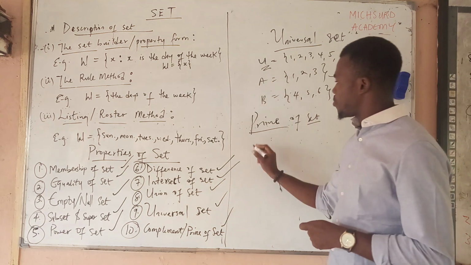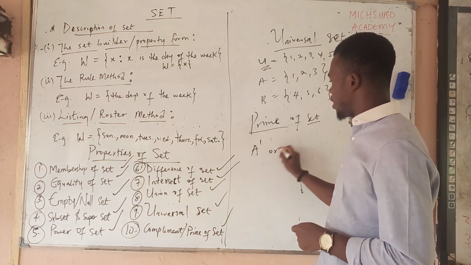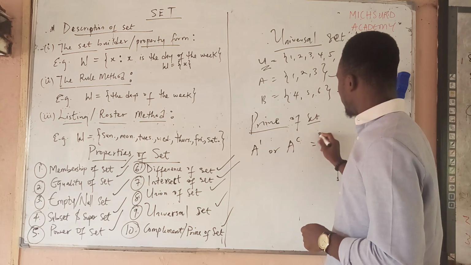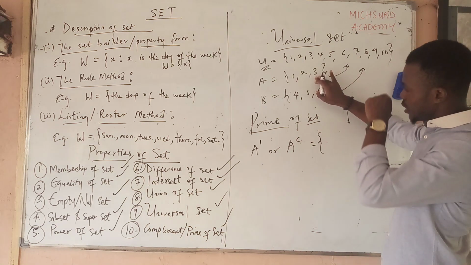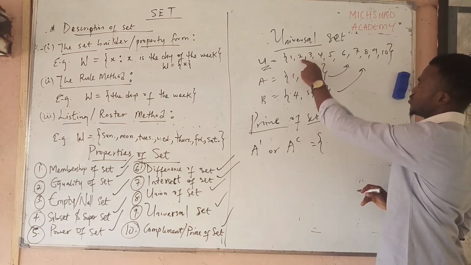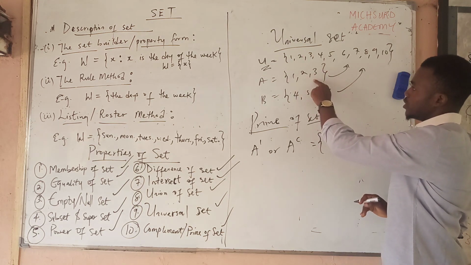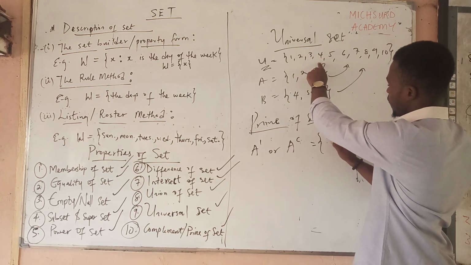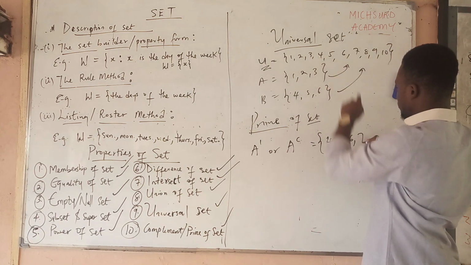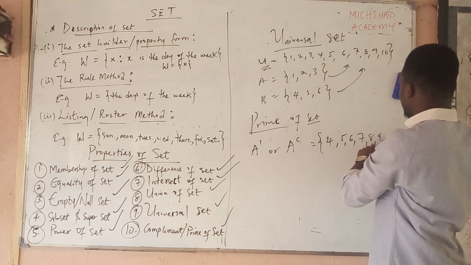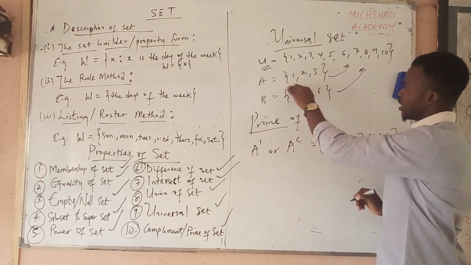We say that A prime or A complement will be the elements that are in the universal set but are not in A. So we have 1, 2 and 3, they are all in A. But here we have 4, 4 is not in A, 5 is not in A, 6 is not in A, 7, 8, 9 and 10, they are not in A.